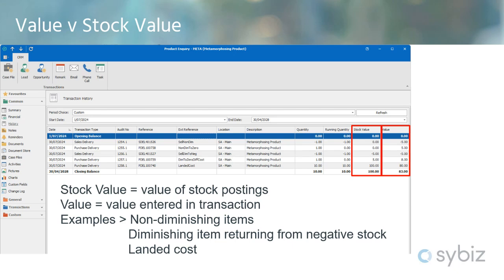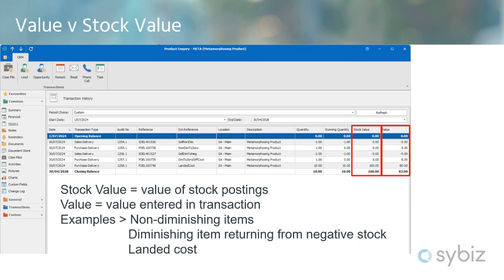But in terms of what it actually posts, it always posts 0. So this is where you have that differentiation between the value versus the stock value. You've entered a value of $5 for this item when you've processed that transaction, but the system's actually used the stock value of 0 because it's a non-diminishing item.